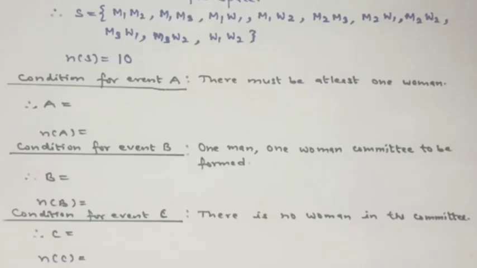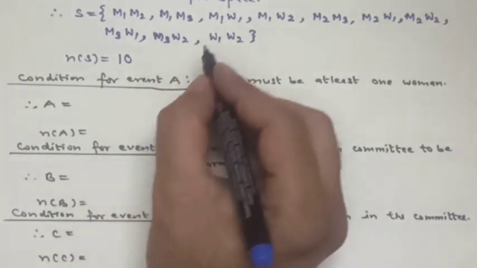Condition for event A, there must be at least one woman. So it's very simple. Now you just check where you are having at least one woman. At least one woman means you can have one woman and two women. So let's start for one woman.